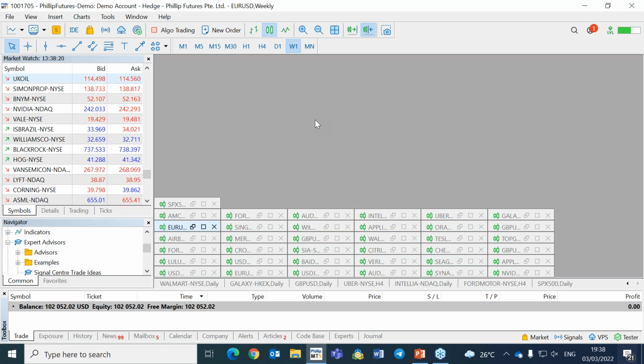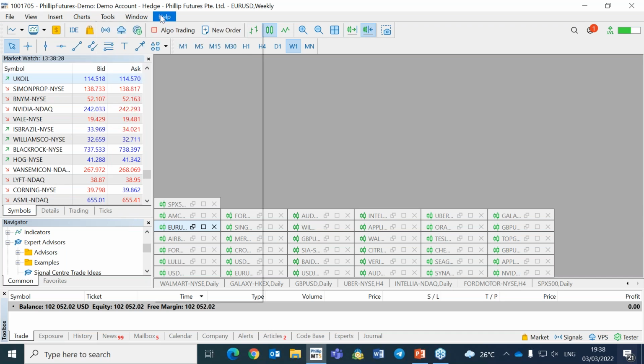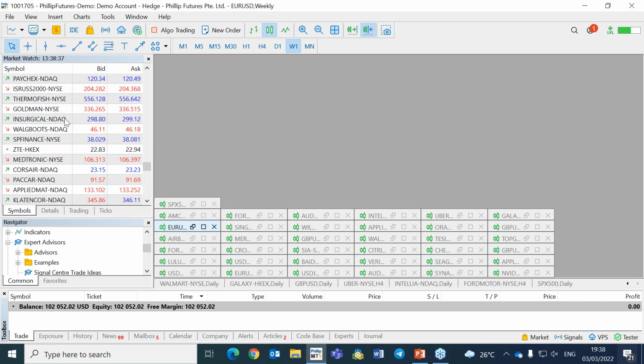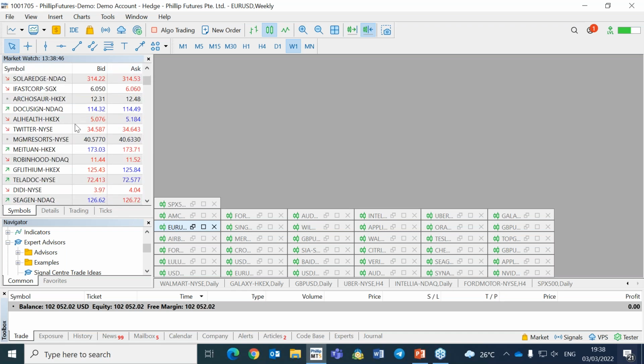Okay, so at the very top of this platform, you will see this menu bar, which is just a standard menu bar where you can access various functions. So from here, we'll jump on to the Market Watch panel. Okay, so this is the Market Watch panel right here, which displays all the contracts that are available on this platform for you to trade.